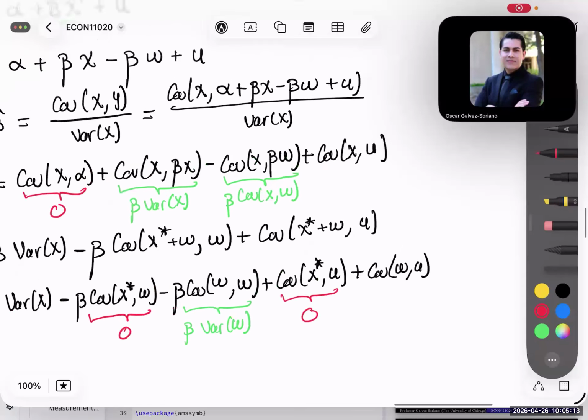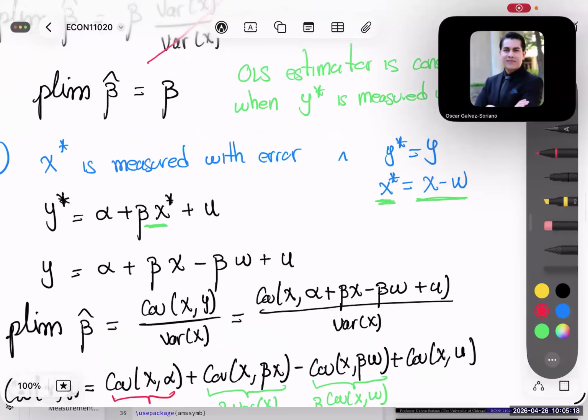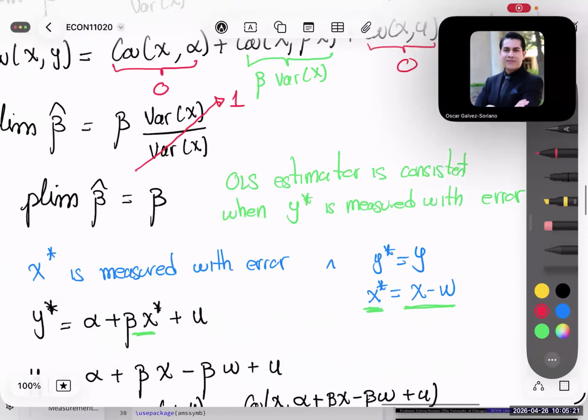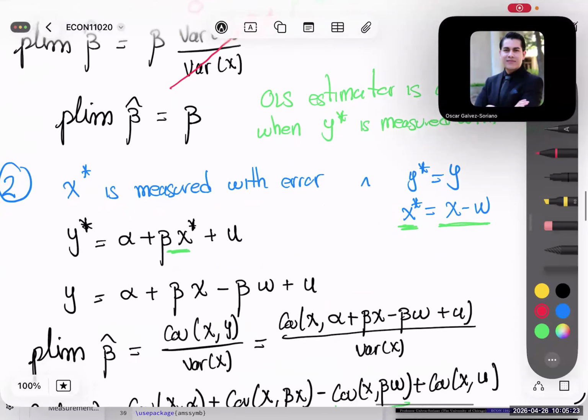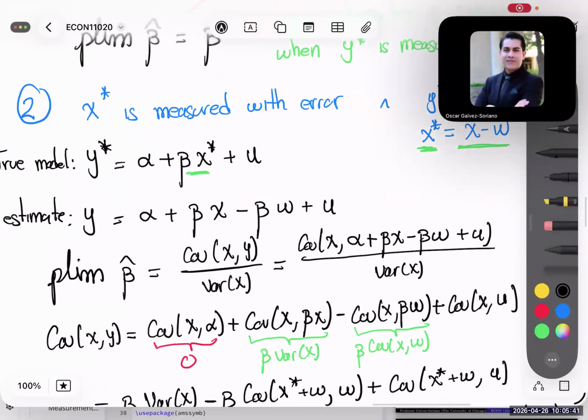Now here is where we use the independence part, right? It is independent from the true model. Actually, we have it here, right? This is the true model. This is what we estimate. So from the true model, we know that there is no violation of the orthogonality assumption. So it has to be the case that the covariance of x star and u is 0.